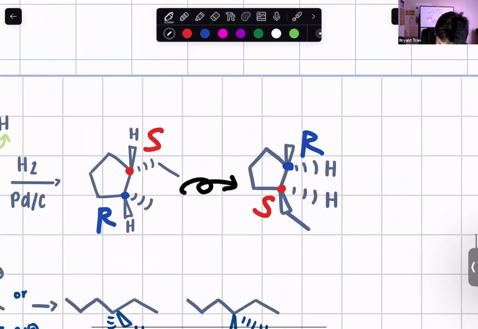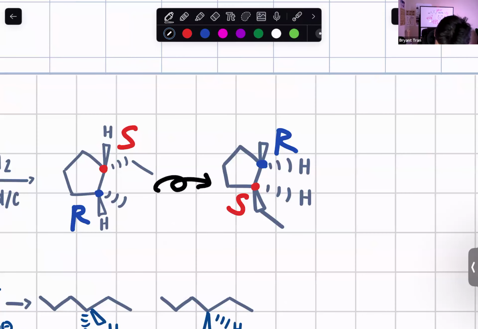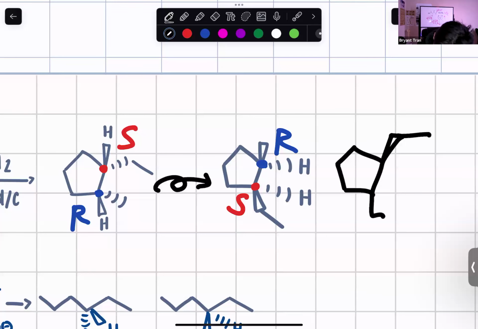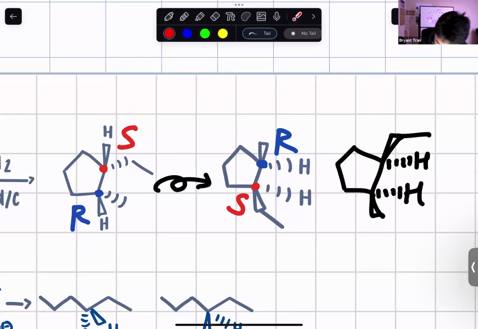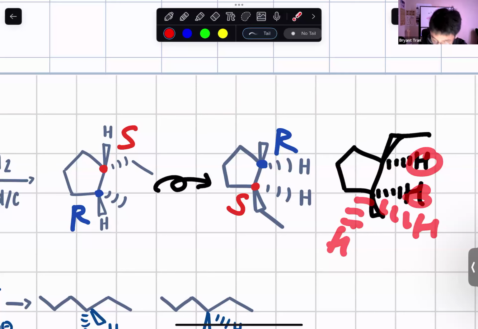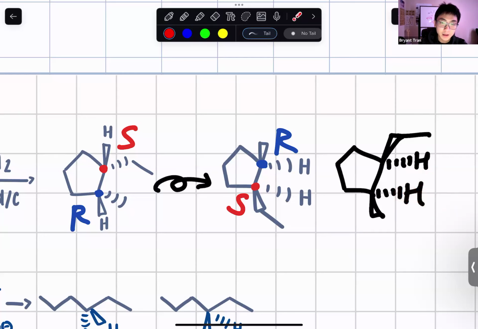To adjust this one, I would draw my ethyl group up here, methyl group down here, and hydrogens would be right there. It doesn't matter where the hydrogens are because they're the last priority group. You could draw it right here, right here, or right here. It doesn't matter because the fourth priority group doesn't assign R and S. The most important ones are 1, 2, and 3.